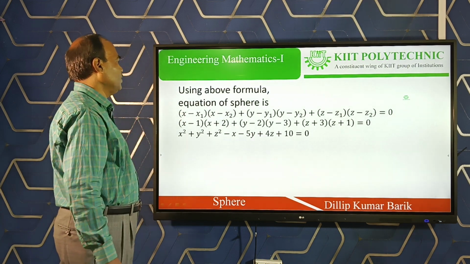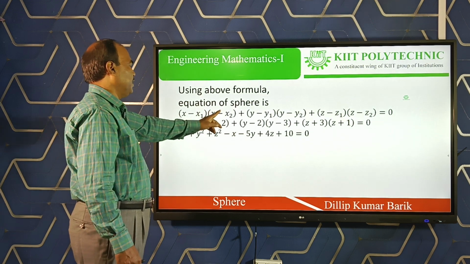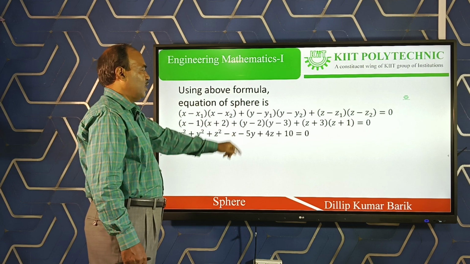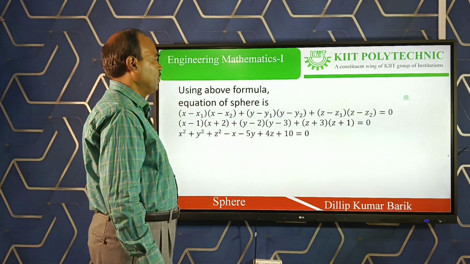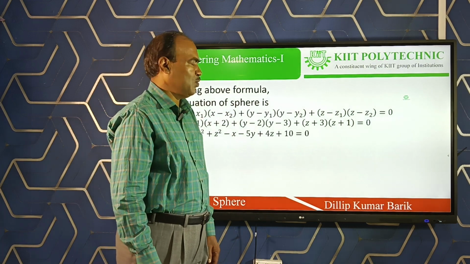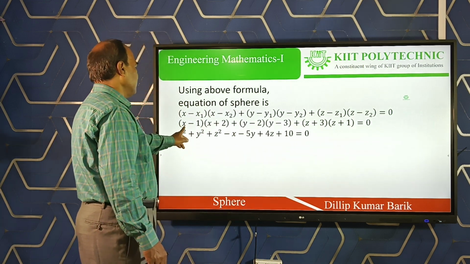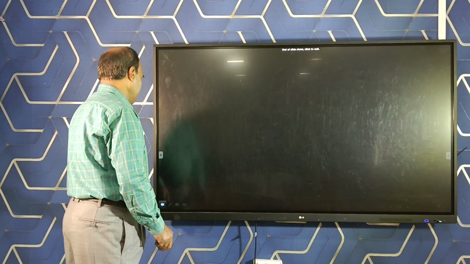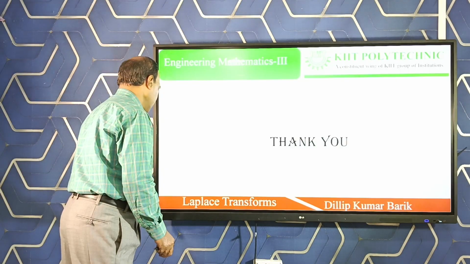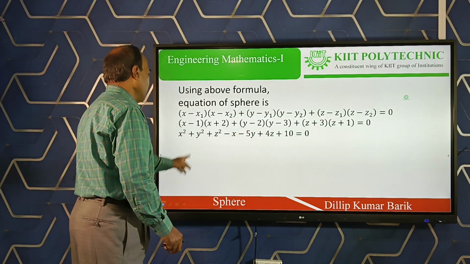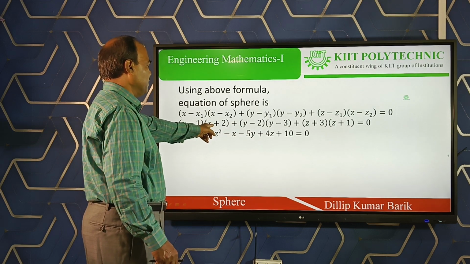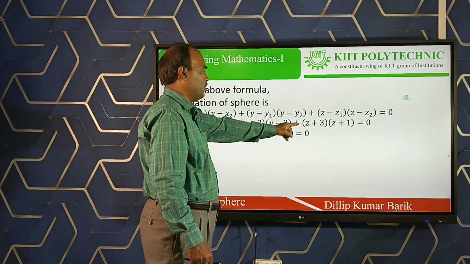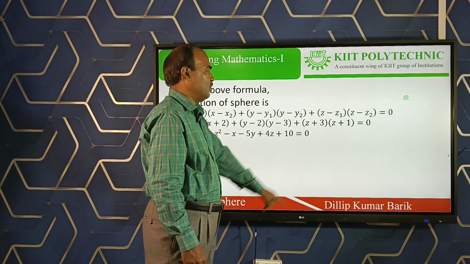That is the answer. Using the above formula, the equation of the sphere is, first you write the formula: (x minus x1)(x minus x2) plus (y minus y1)(y minus y2) plus (z minus z1)(z minus z2) equal to 0. Putting in the data, (x minus 1)(x minus of minus 2, means x plus 2) plus (y minus 2)(y minus 3) plus (z plus 3)(z plus 1) equal to 0.